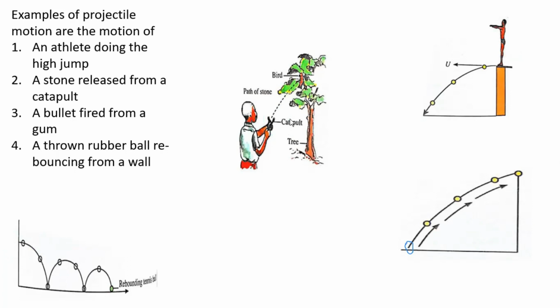The horizontal is moving with constant velocity, while the vertical one is moving under gravity. When you see such examples, they are projectiles, and we'll be talking more about this as we move on with the class.